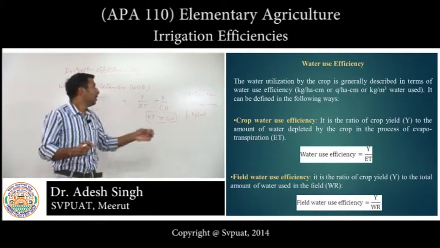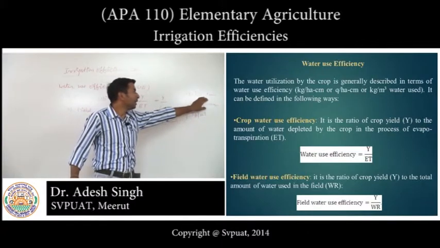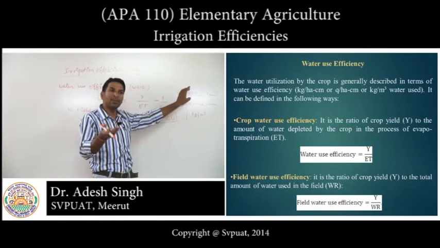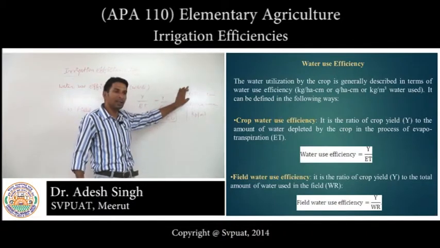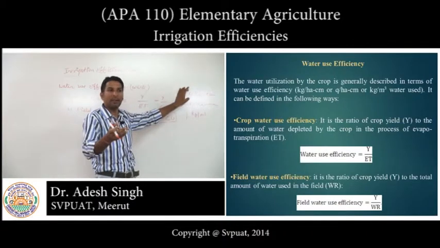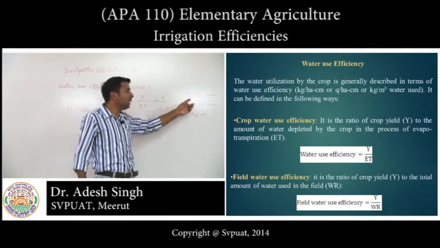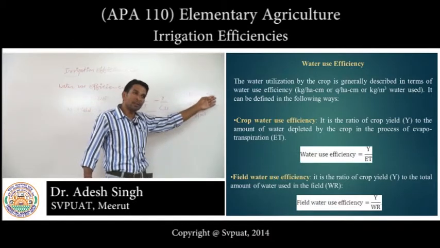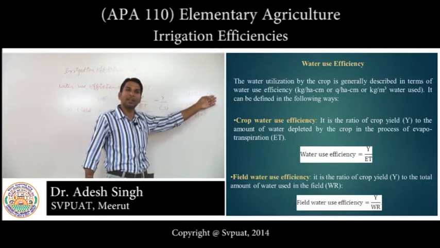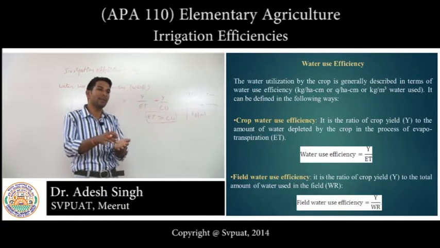Means 1 unit of water gives rise to some yield, or water use efficiency indicates how much is the yield per unit of water used. So if the yield is less in comparison to the water actually utilized by the crop plant, then obviously the water use efficiency is less.